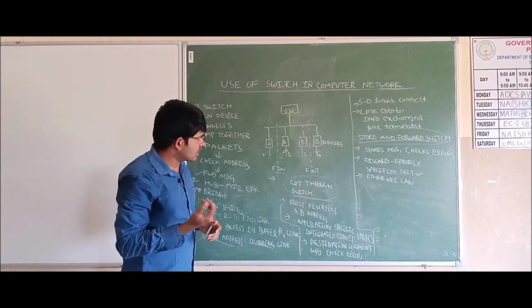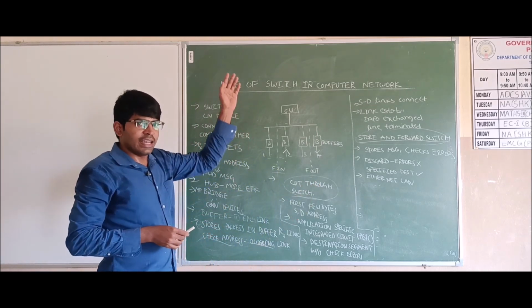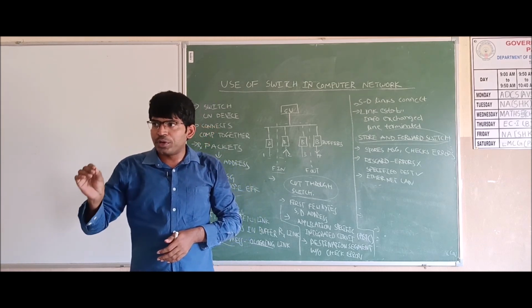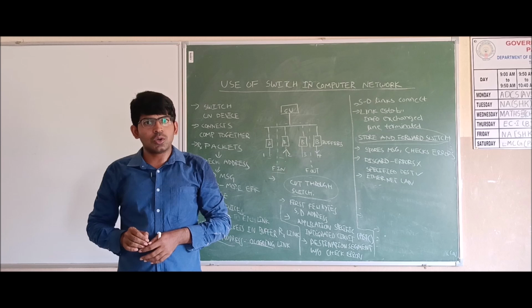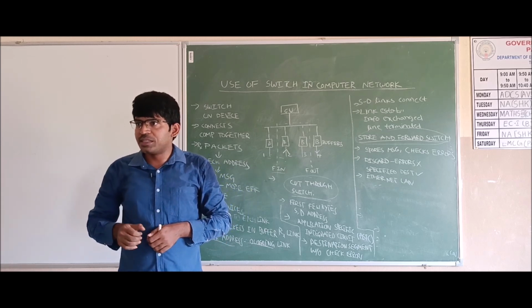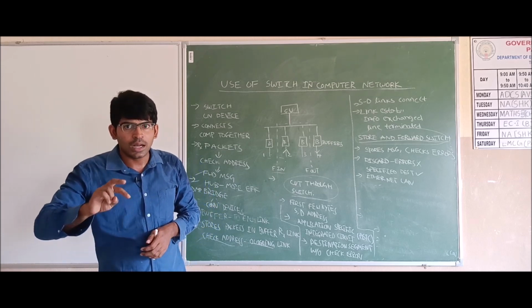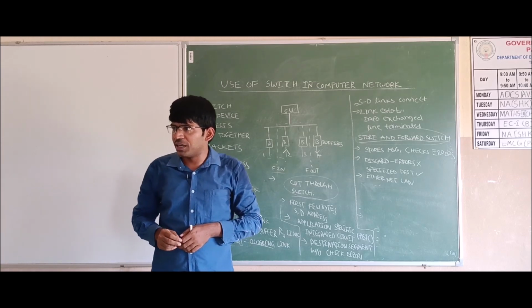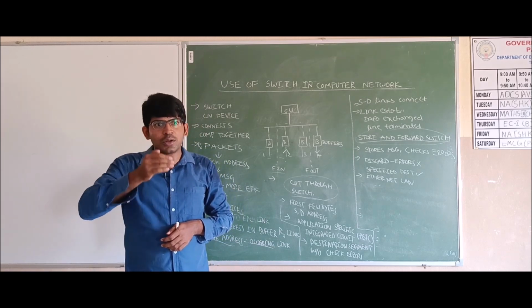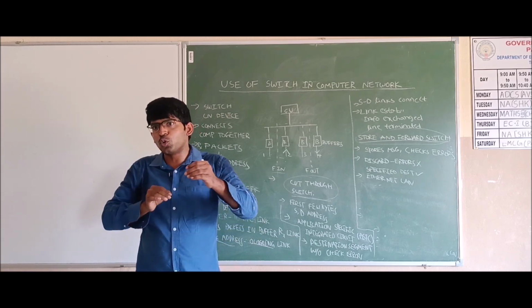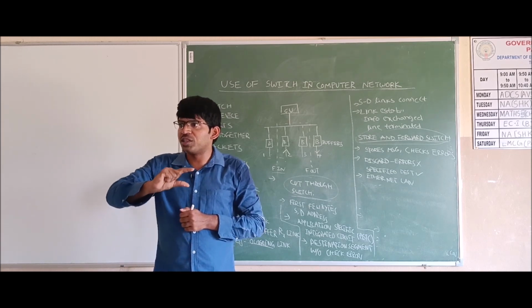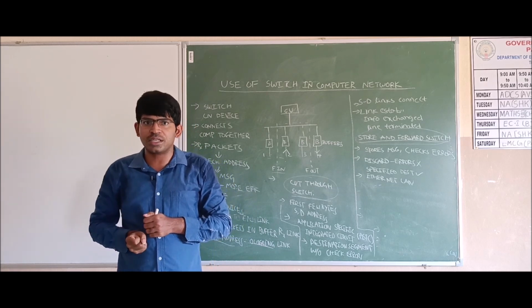Once again we are discussing, like any switching action, a computer network switch also connects different computers. Simply it is performing the on and off operation, between two computers, to establish the connection or not to establish the connection.